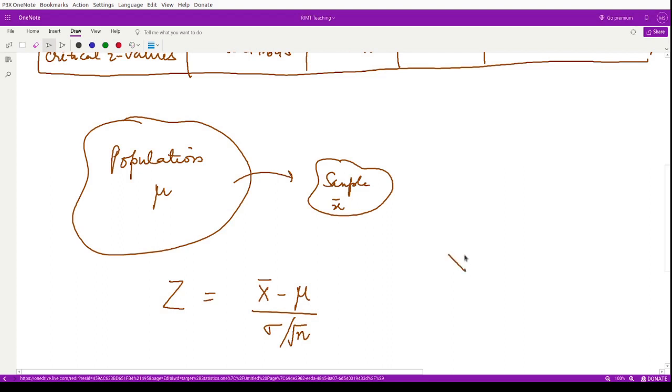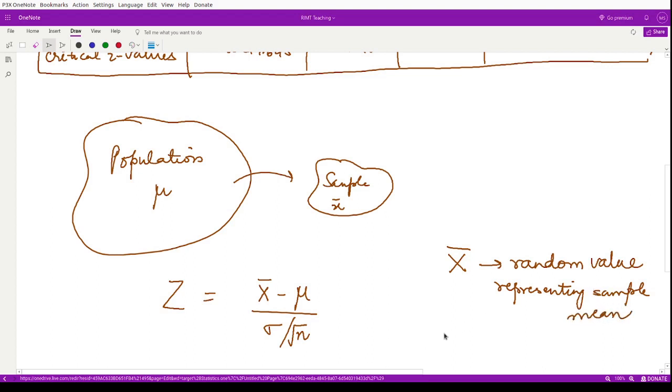Now what are all these? This capital X represents a random variable. This is not just the value of the sample mean, but the random variable representing the sample mean. So that means it could vary according to the sample space. What is mu? Mu is the mean of the population as usual. What is sigma?